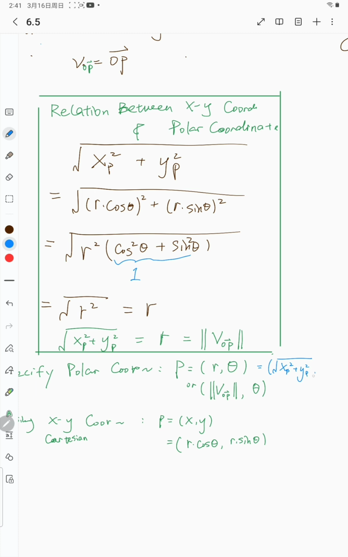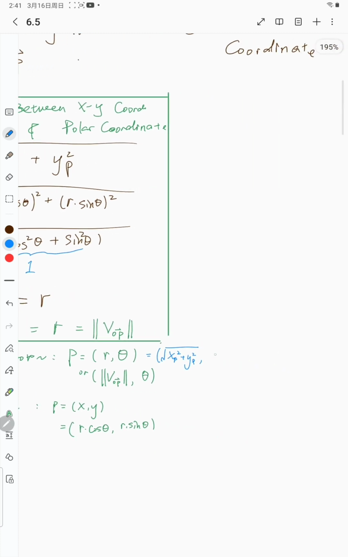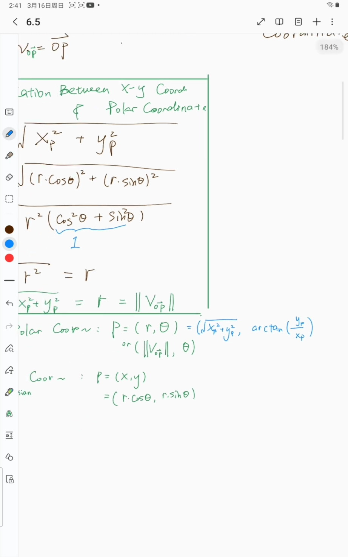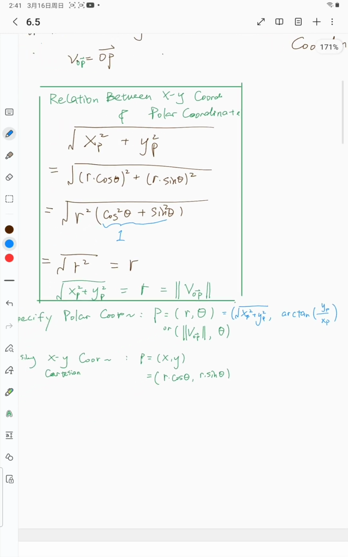And then theta would just be the arctangent. The arctangent means the angle theta that we find such that tangent theta is equal to y over x, right? But I don't want you to get too bothered with this.